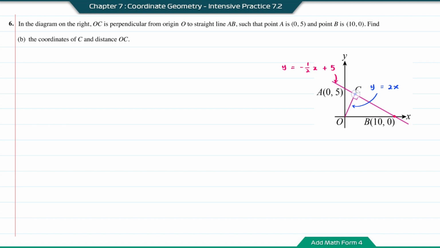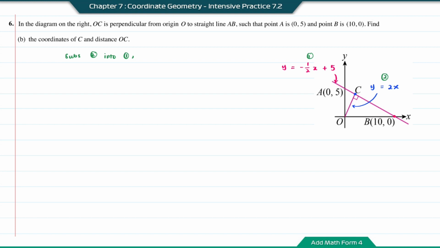So here the point C is the intersection point between the straight lines AB and OC. To solve this, we're going to use the simultaneous linear equations method. So I'm going to let the equation of AB be equation number 1, and the equation of OC be equation number 2.